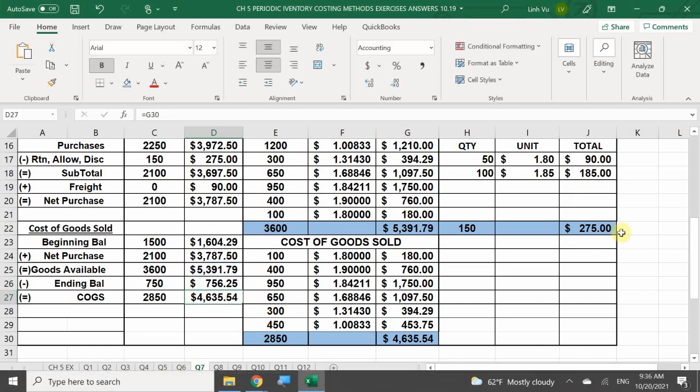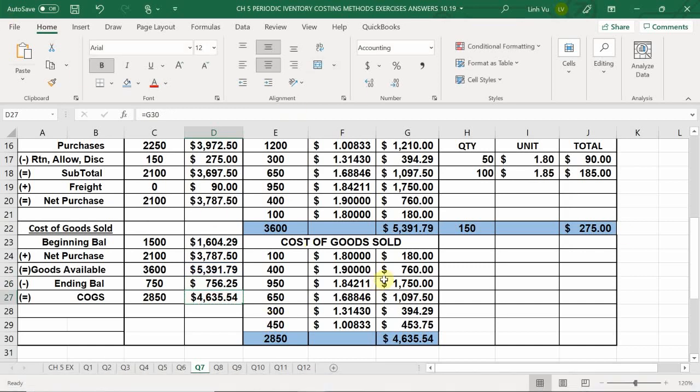Now, if you guys took a look at this and realized, well, if LIFO is LIFO, right, then my assumption is that if the last ones are the first to go, that means I'm going to start from the bottom and make my way up to the top.